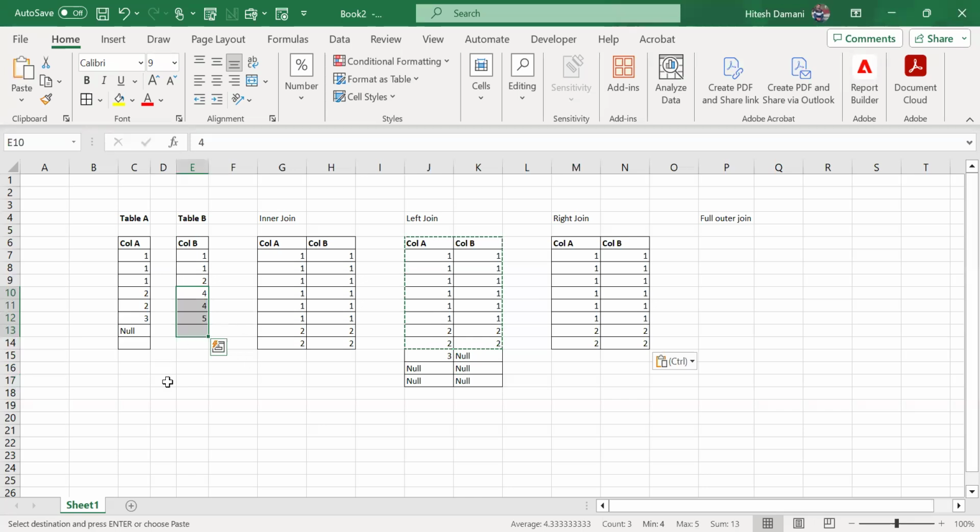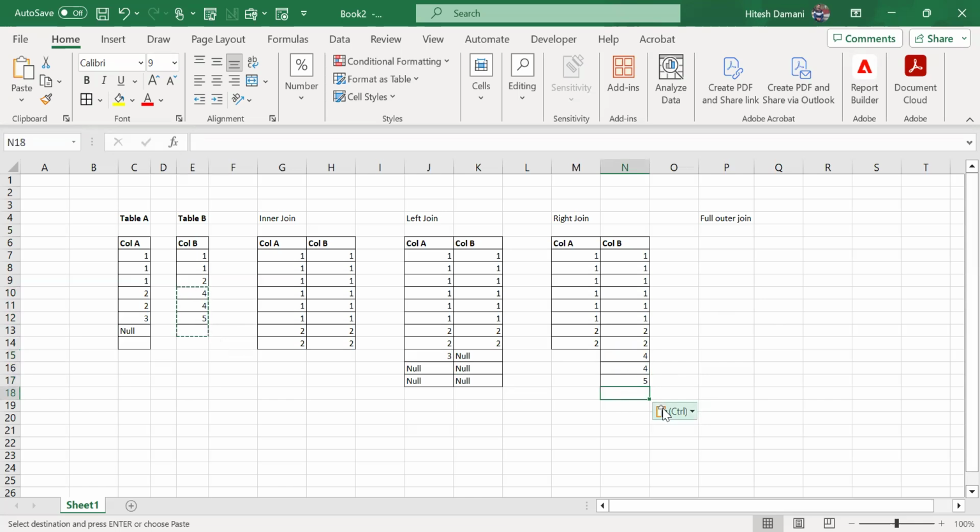But this blank record will not be part of inner join, since we are not able to compare this blank with this blank. We should keep in mind that a null value can't be compared between two tables. But since this is part of right join, and it is a thumb rule that all the records, either matching or not matching, will be part of your right join, all the records will come as part of your right join.